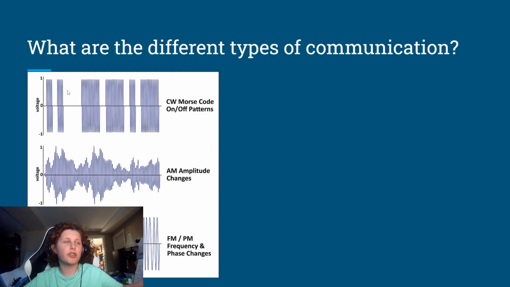It's typically just used to communicate Morse code over radio. So it's not the most common, because people don't really use Morse code anymore, but you'll still see people using it because it's relatively cheap to use, and it's decent signal strength.